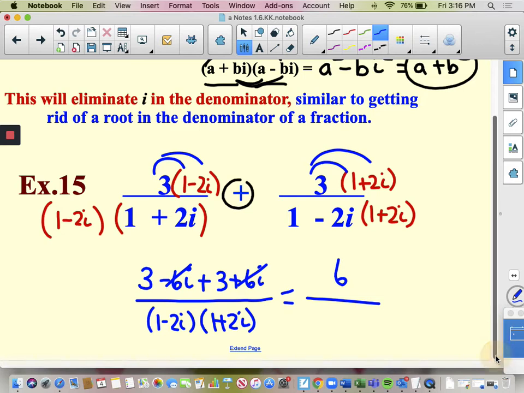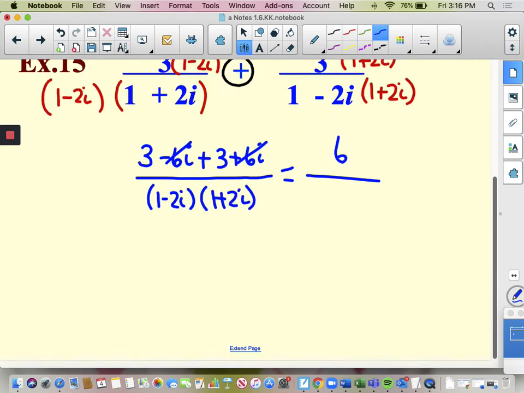But remember, you can't have i's in the denominator. So good news is these are already conjugates of one another. So if I FOIL those out, the i's should cancel. Right? So if I FOIL, I get 1 plus 2i minus 2i, and then minus 4i squared.